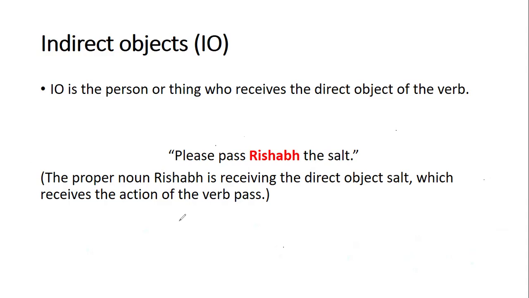Please pass Rishabh the salt. Now, what is our whole statement revolving around? It's not please. Please don't get confused. Please is not a noun, right? Here, we are talking to someone: you please pass Rishabh the salt.